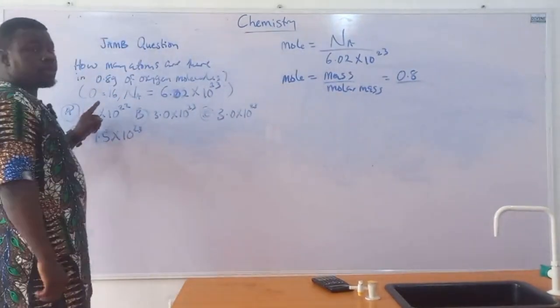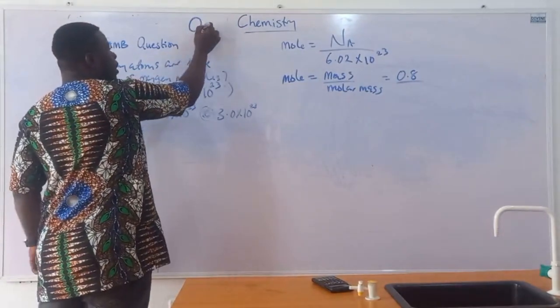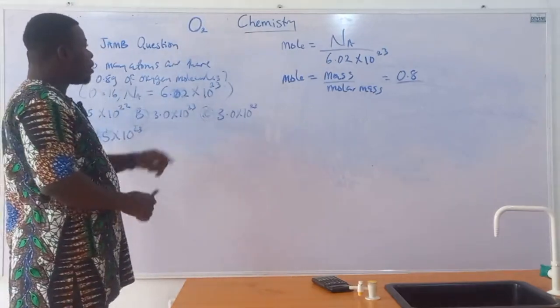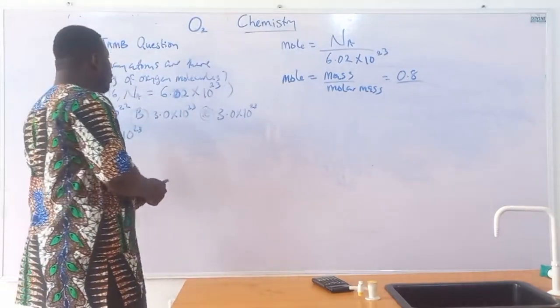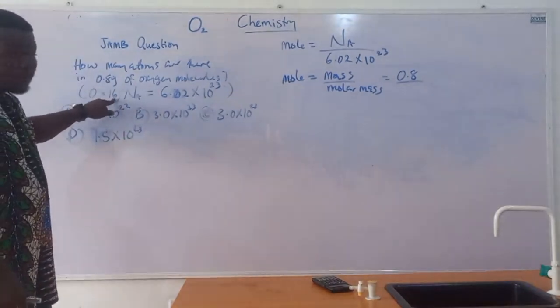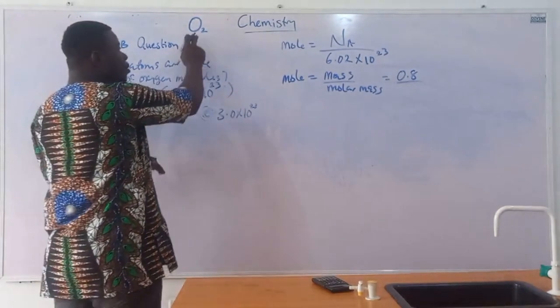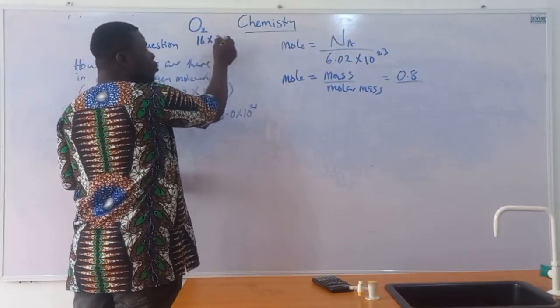Now, a lot of students will make mistake here. Oxygen is diatomic, which means it exists like this in nature. So they gave us one atom of oxygen to be 16, right? So that means since oxygen exists like this, it is 16 times 2.